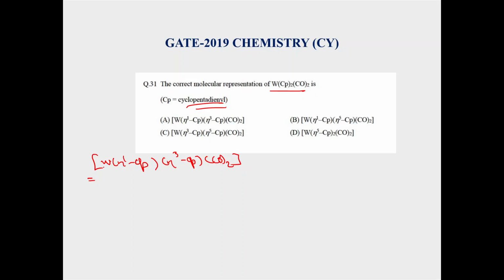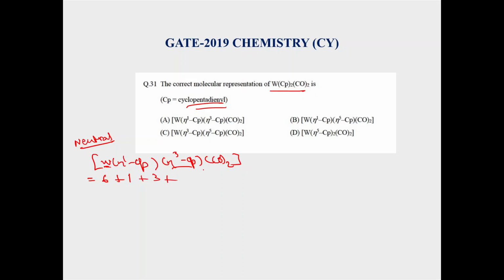We will calculate the valence electrons. For tungsten, it is a d6 system, and we are counting in the neutral method, so we won't worry about the oxidation state of the metal. Tungsten is giving 6 electrons. Since Cp here is binding in eta 1 fashion, it will give 1 electron, and eta 3 Cp means 3 electrons will come from this ligand.